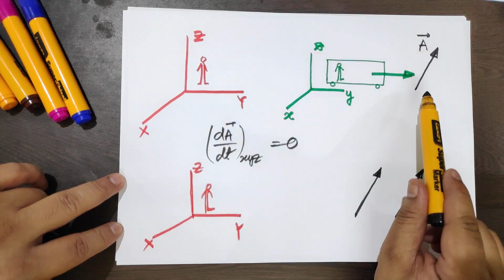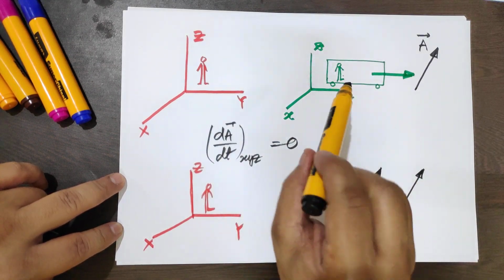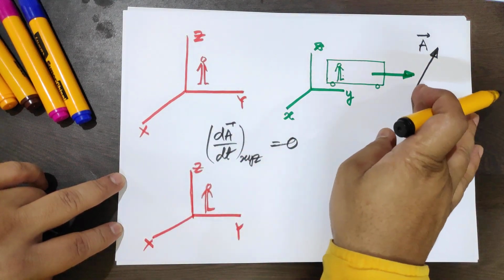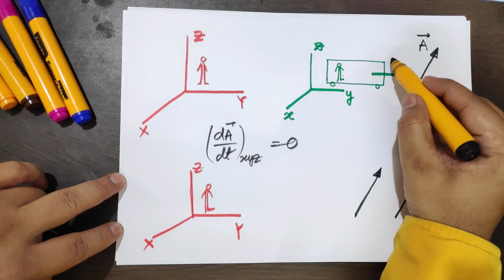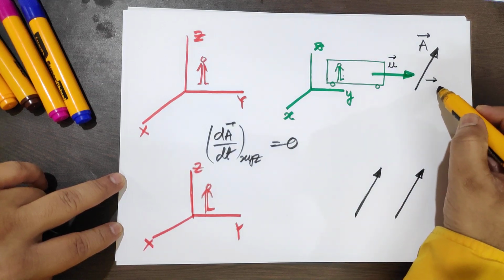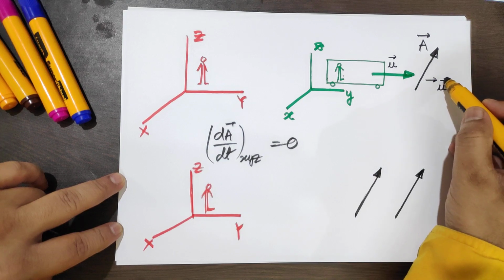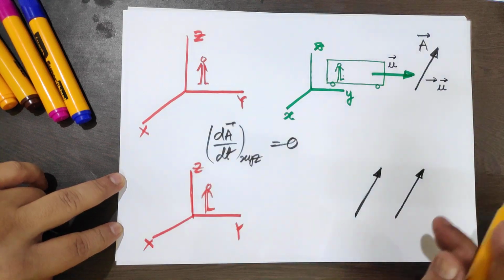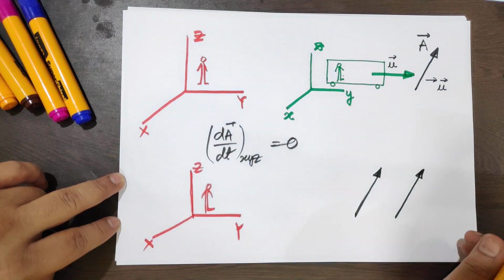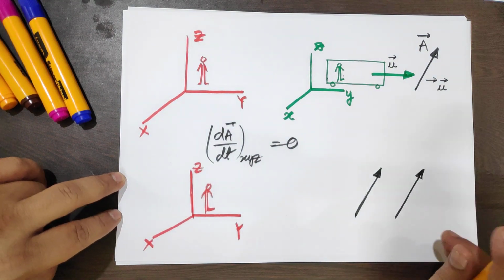As the vector A is fixed in this frame, which is translating, the vector is also translating. If the frame is moving at a velocity u, this vector is also translating at velocity u.